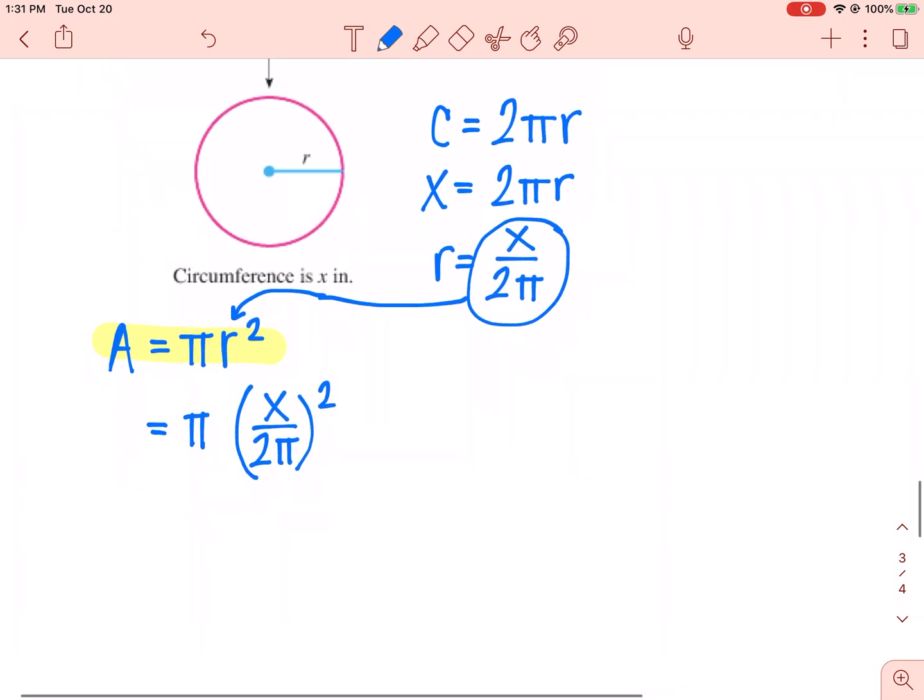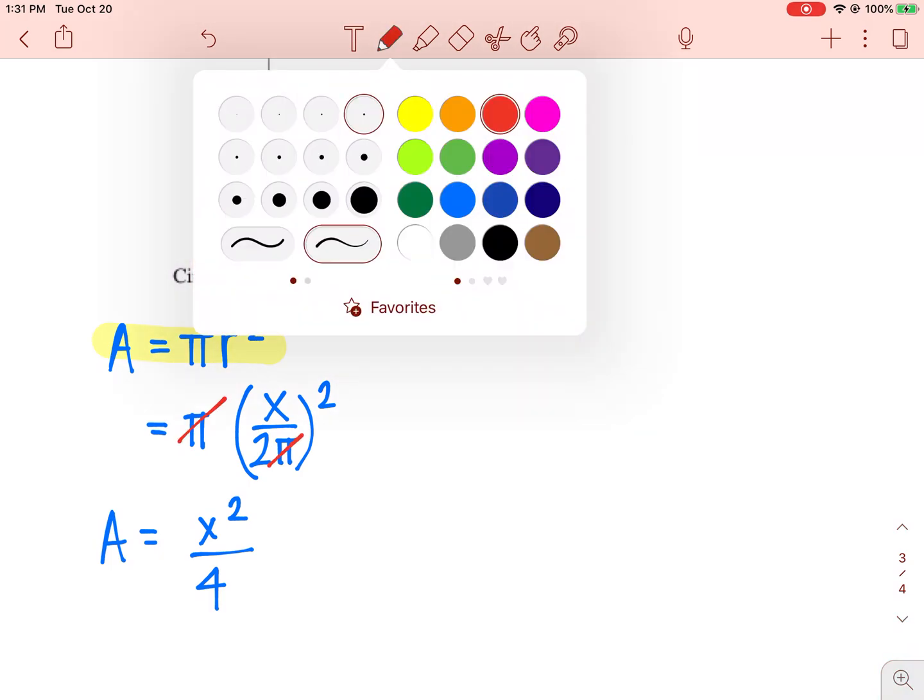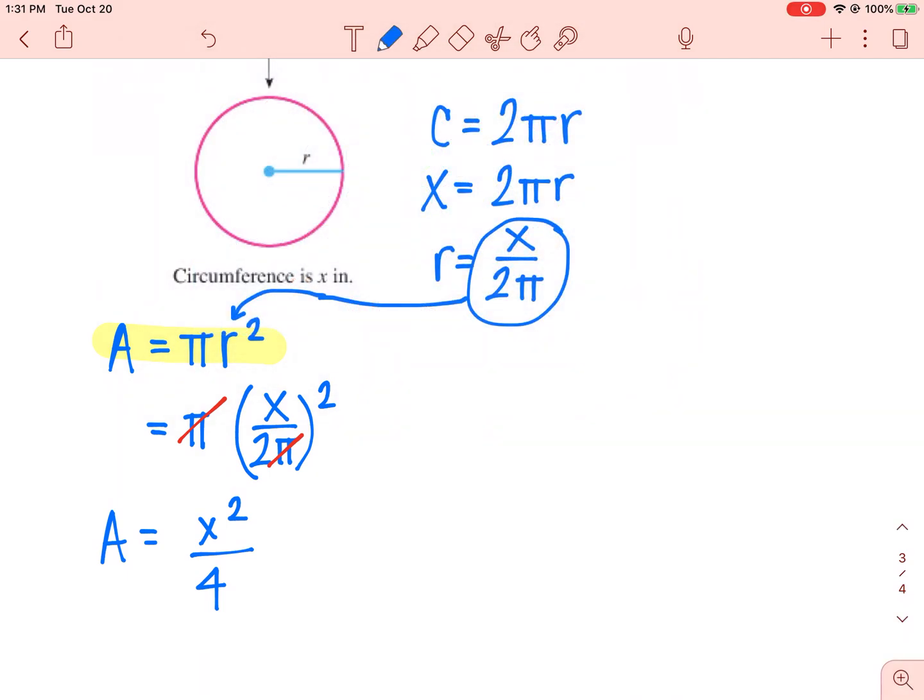I'm going to simplify that a little bit. It's going to be x squared over 4. Notice the pi's will cancel. And you square both terms because it is in the squared term. Oh, I'm sorry. The pi's do not cancel out. Look at me as I just say it. Right? This would become pi squared on the bottom. So a pi and the pi squared will cancel.